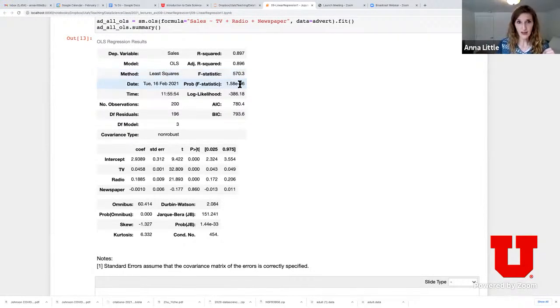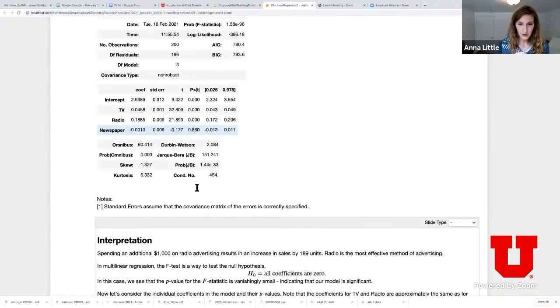So the null hypothesis for this F test is that beta 1 is 0 and beta 2 is 0 and beta 3 is 0. And the alternate is that at least one of them is non-zero, that there is some kind of linear association in the data. So that can also be helpful to look at, but a little more helpful is to analyze the effect of the different variables.